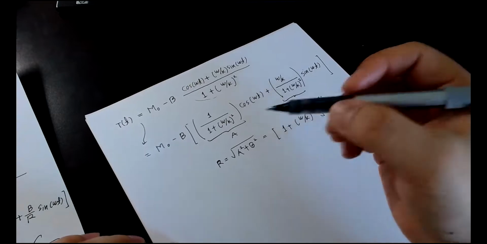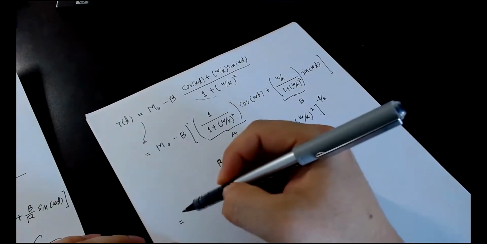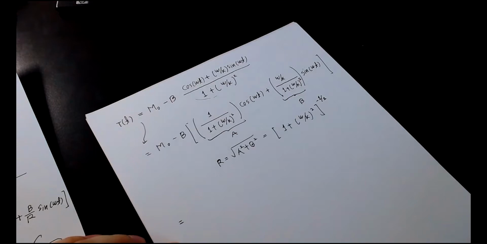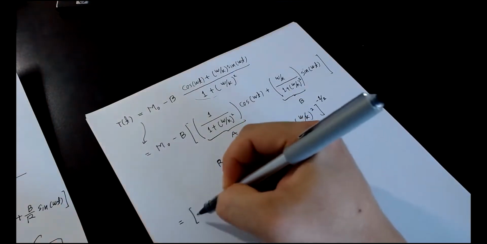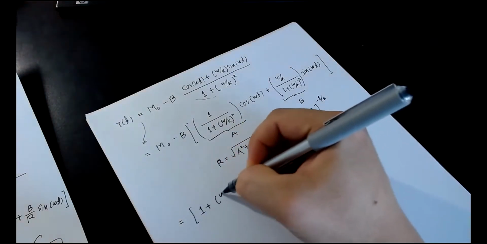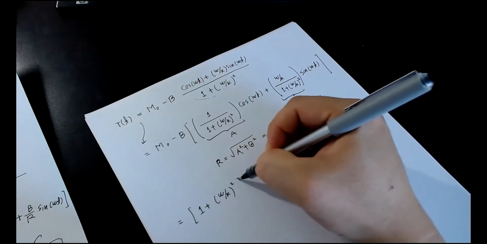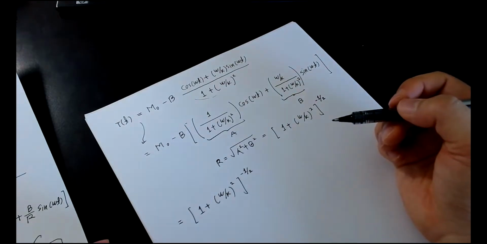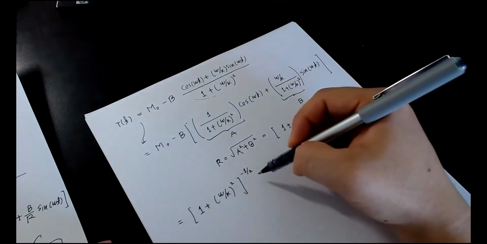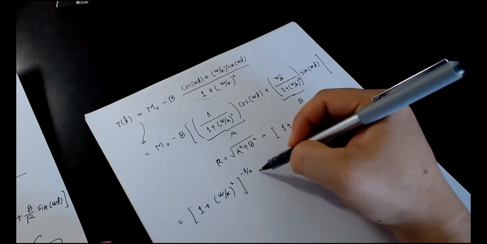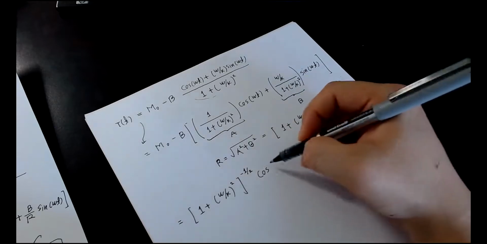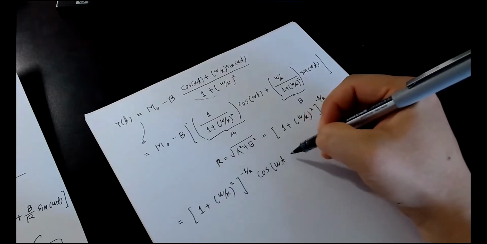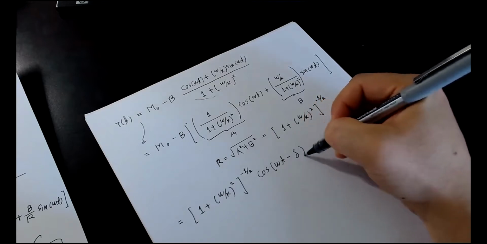So this is equal to 1 plus w over k squared to the negative 1/2, and then times cosine omega t minus delta.